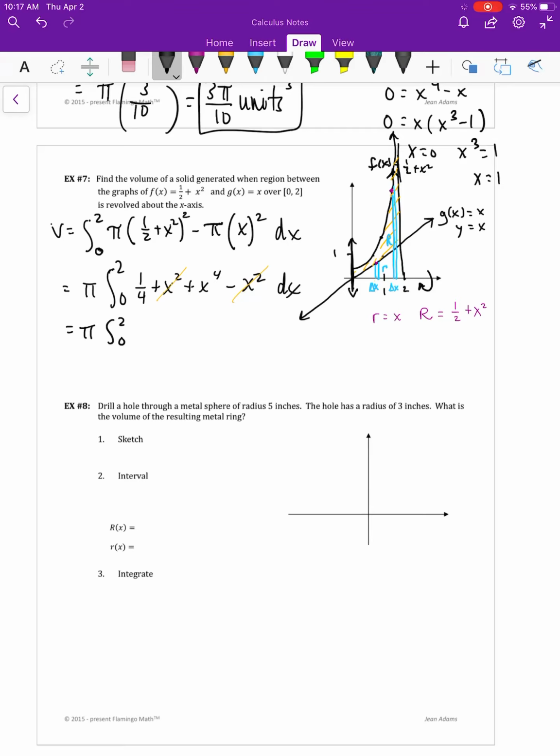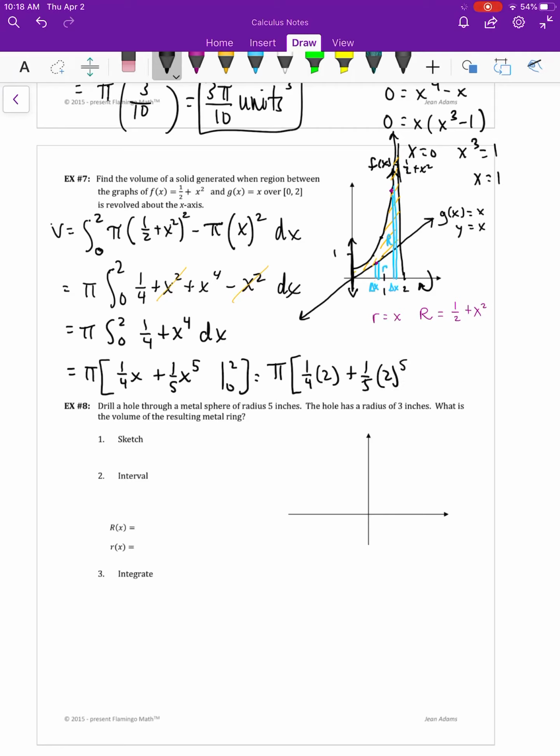So this is pi times the integration from 0 to 2 of 1/4, oops, sorry, I accidentally wrote x, 1/4 plus x to the 4th dx. So now, integrate. Now we have 1/4 x plus 1/5 x to the 5th from 0 to 2. And now if we put our 2 in, 1/4 times 2 plus 1/5 times 2 to the 5th.